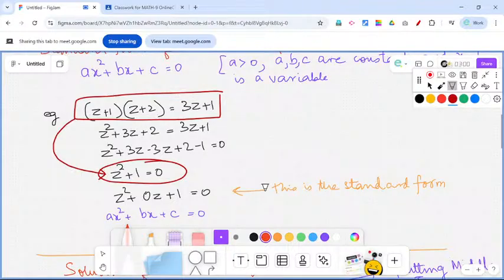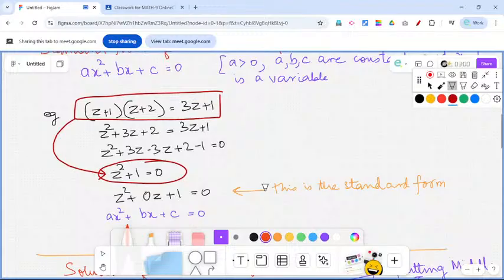Now suppose if someone says, okay, write this equation in a standard form. Standard form is ax square plus bx plus c is equal to 0. So z square plus 1 equals 0. अब आप इसको ध्यान से देखो, I have to write this in standard form.